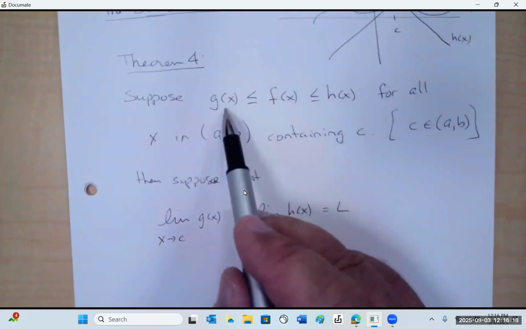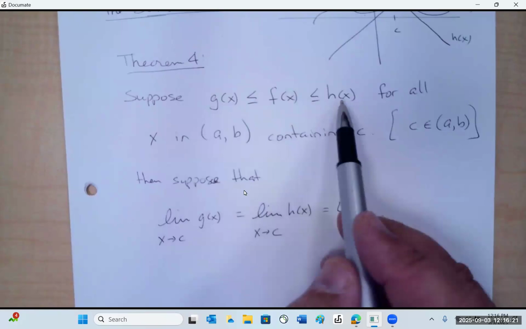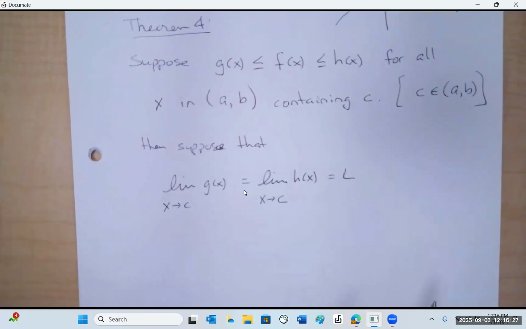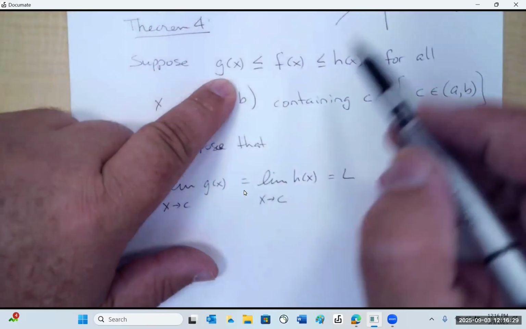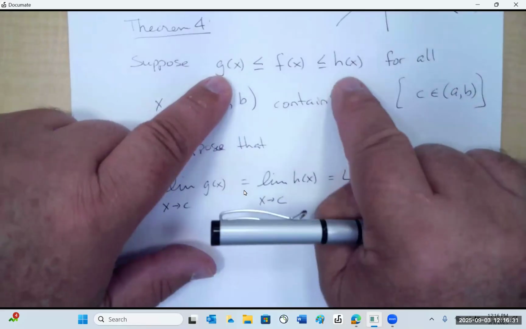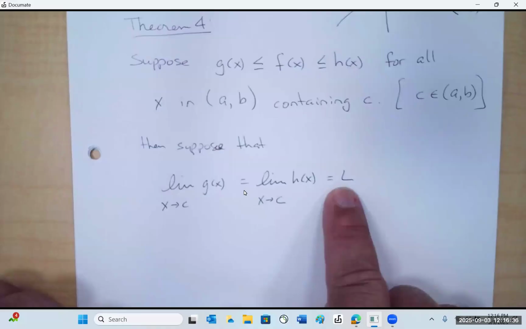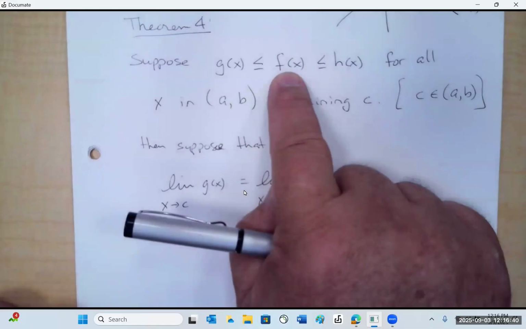Because we know that g of x is less than or equal to f of x, less than or equal to h of x. Here's the important part: only look at the endpoints. If g of x and h of x at c both have the same value, what has to happen to f of x?